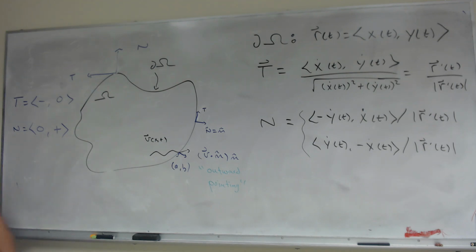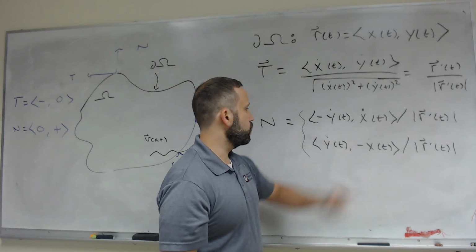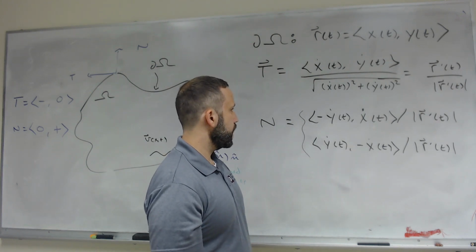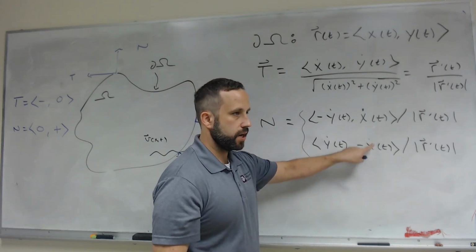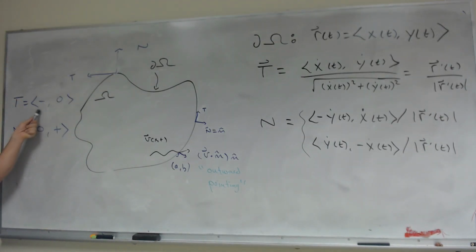Now if I look at my two choices for normal vector over here, the y component of both choices of the normal vector is going to be the x component of the tangent vector. So the x component of the tangent vector is negative, but the y component of the normal vector is positive. If I chose this one, x dot would be negative, because that's the x component of the normal vector.